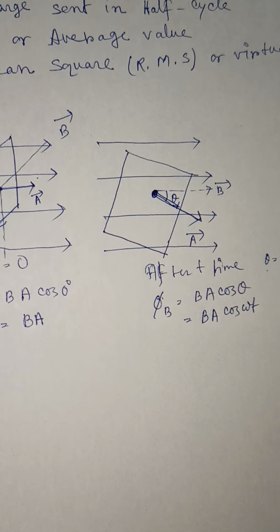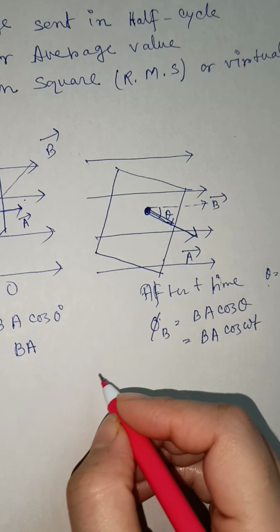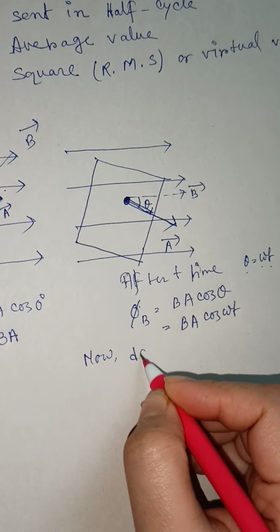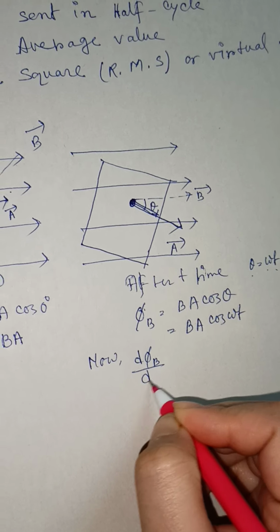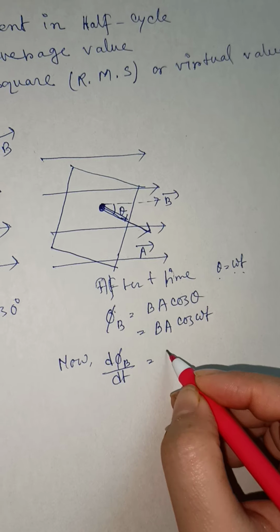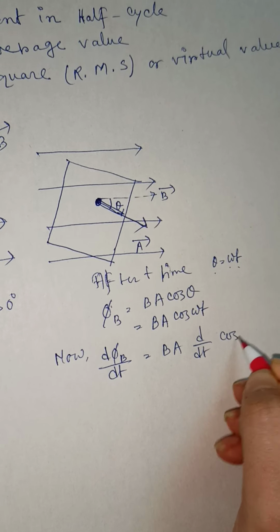Now, the rate of change of magnetic flux, that means d phi B by dt, equals what? d phi B by dt equals BA d by dt of cos omega t.